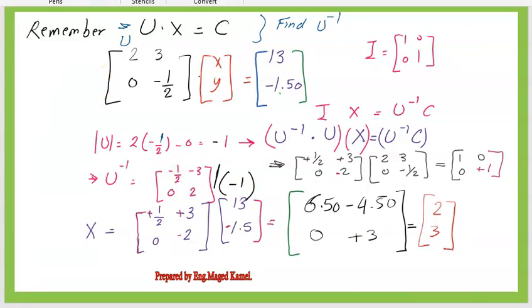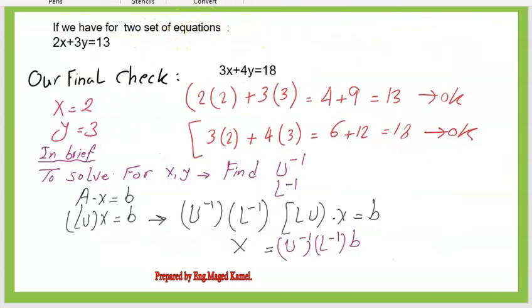We could double check this value by multiplying by U to get the identity matrix I. We multiply U minus 1 by C. The multiplication would be plus 1 over 2 multiplied by 13 minus 3 multiplied by 1.5 equal to 6.5 minus 4.5 equal to 2, and we have 0 multiplied by 13 plus minus 2 multiplied by minus 1.5 equal to plus 3. We have x equal to 2 and y equal to 3.